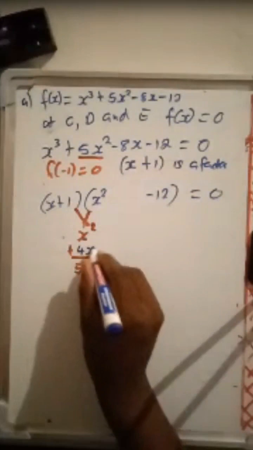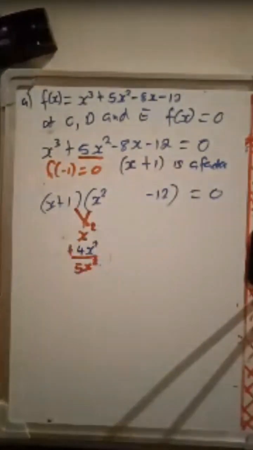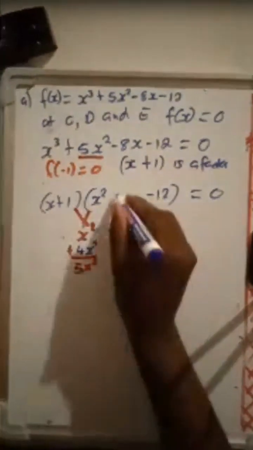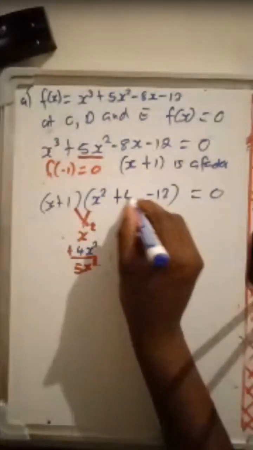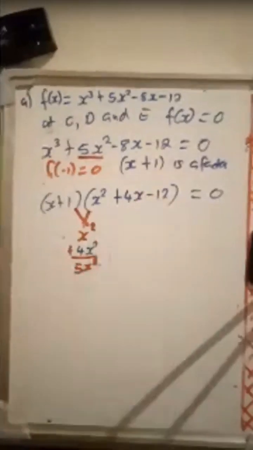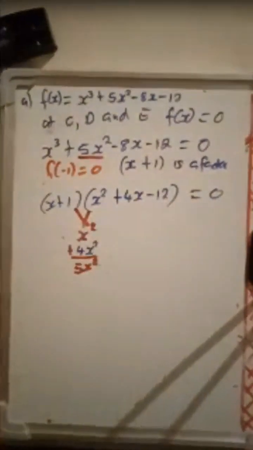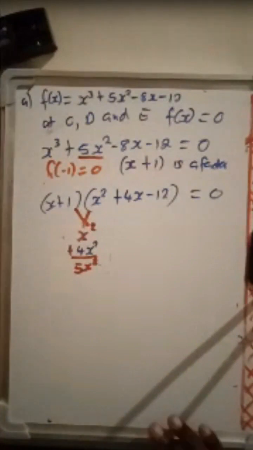Divide that by x just to remove the square, so it's positive 4x. We are done with the first part of factorization.